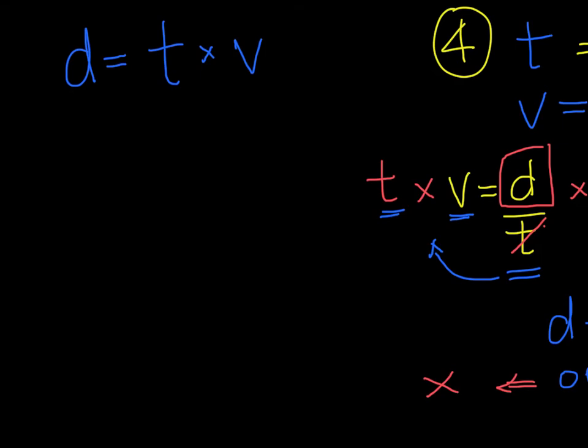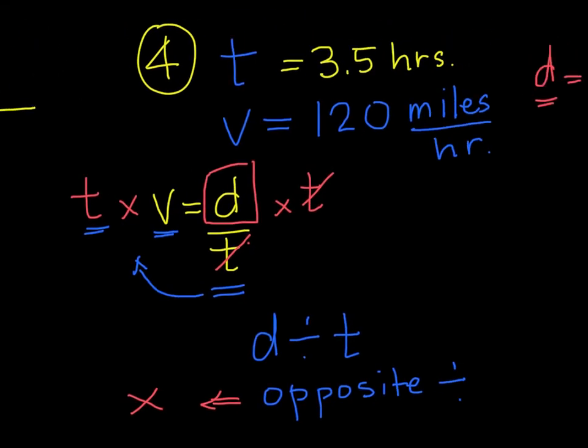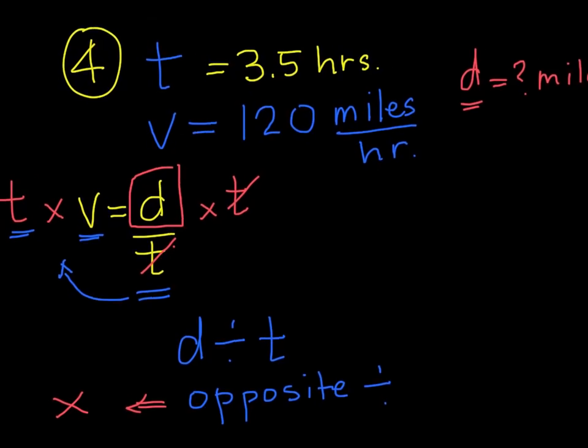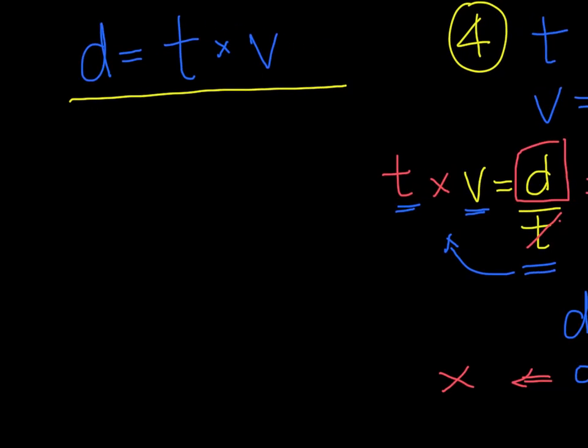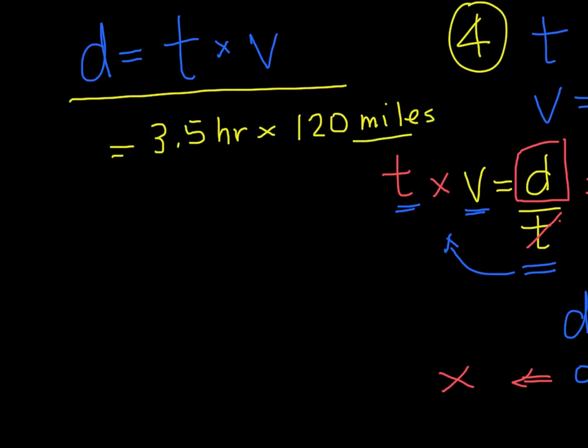Well, now all we have to do, since we have this as our equation, we just need to substitute it in. Remember, our time is 3.5 hours and our velocity is 120. So, time, 3.5 hours, multiplied by 120 miles per hour. Okay, what do you see?